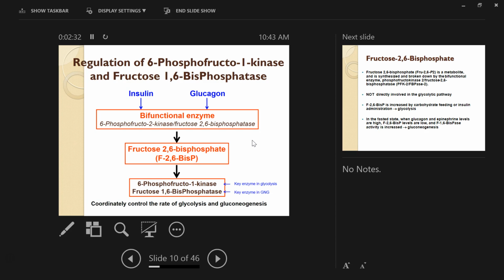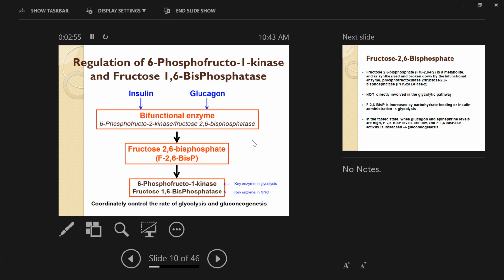A bifunctional enzyme basically contains two enzymatic activities, right? Two enzymes form a complex we call a bifunctional enzyme. So the bifunctional enzyme contains phosphofructose 2 kinase and fructose 2,6-biphosphatase.